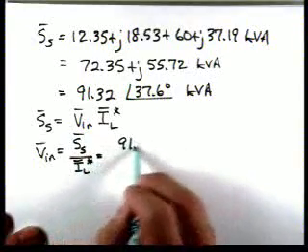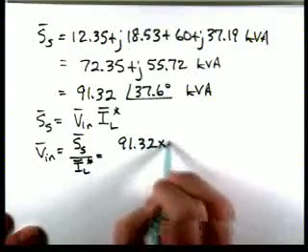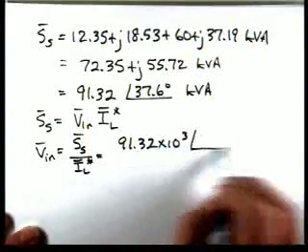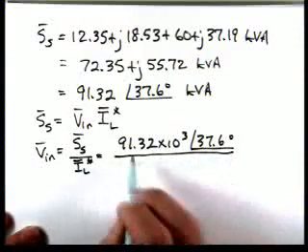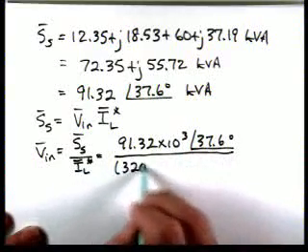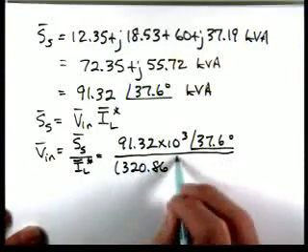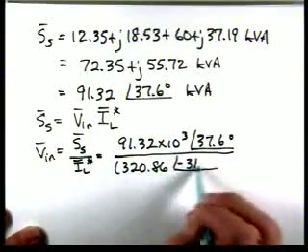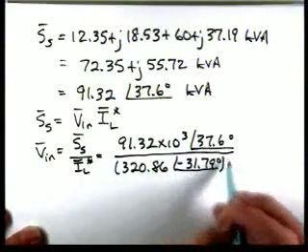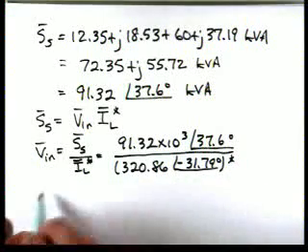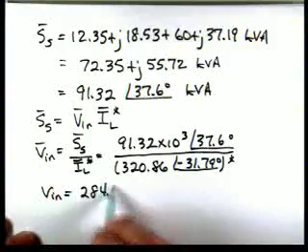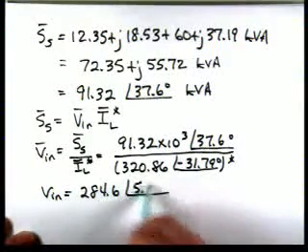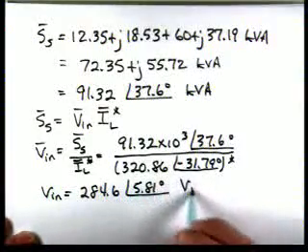So we have 91.32 times 10 to the third, angle of 37.6, over 320.86 at an angle of minus 31.79, conjugate. So V_in then is 284.6 at an angle of 5.81 degrees volts RMS.